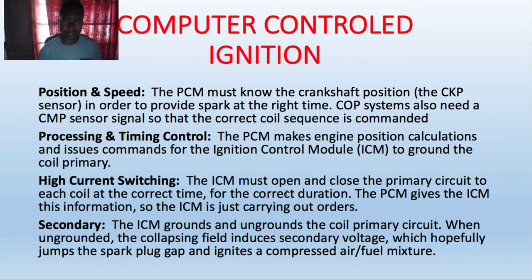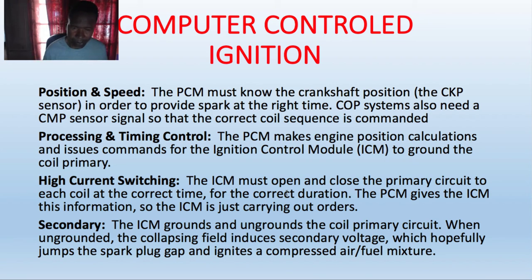That's basically what I said earlier. When you lose the ground, either from the points, ICM, or PCM, the primary current stops flowing, the primary field collapses, cuts across the secondary windings, then you get voltage out of the coil to the spark plugs, which hopefully jumps the spark plug gap and ignites the compressed air-fuel mixture.